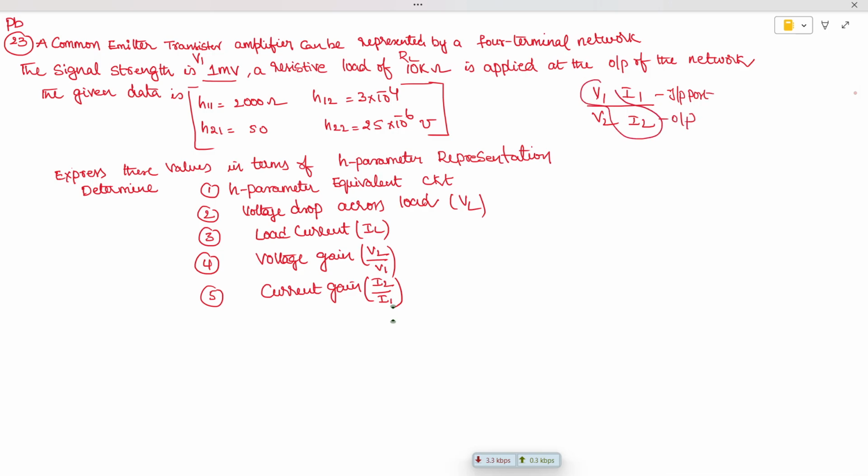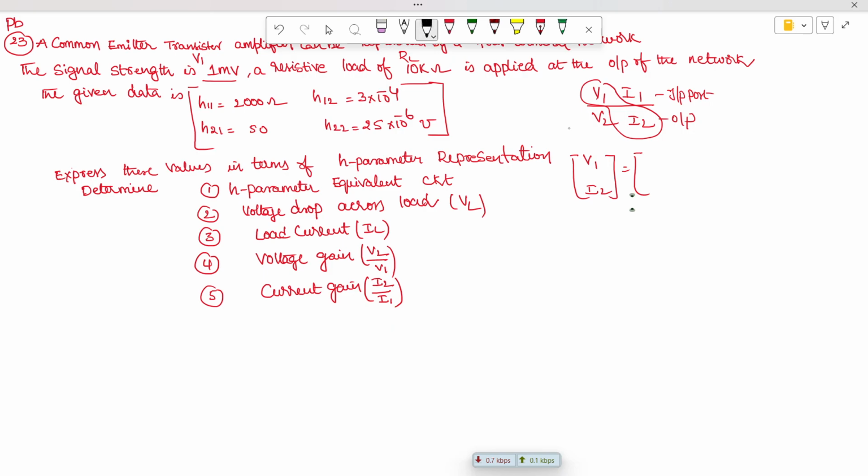So now how to write down is, we are going to write down V1, I2 in terms of I1, V2, using the matrix H11, H12, H21, H22 multiplied with the values of I1, V2.